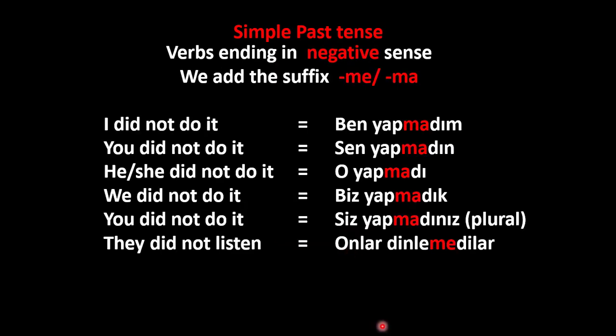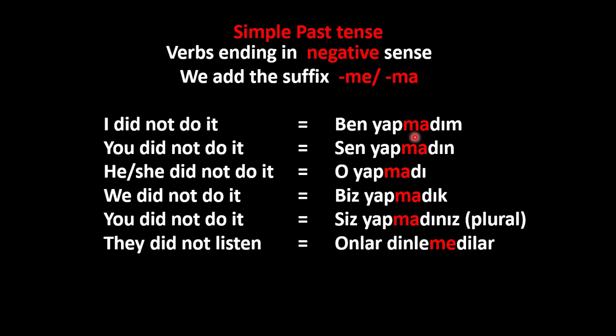When we want to talk about the negative sentence for the past tense, we use the suffixes me and ma to indicate the negative. So for example, I did not do it. Ben yapmadım. Okay, so the past tense. Yap, for the verb to do, is the verb stem. The ma here, also obeying the rules of harmonization, is the negative sense, something like not.